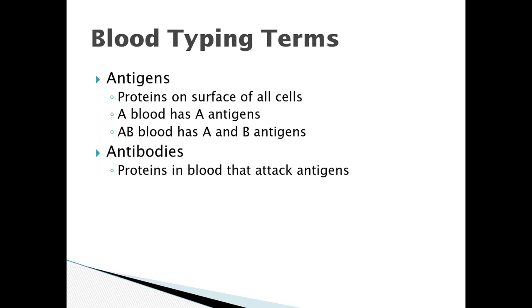Most of the time, in order to get an antibody, you must have already been in the presence of whatever that foreign particle is. When we talk about immunity, the only way you can become immune to something is if that something is already in your body and you create an immune response to it. And that immune response is those antibodies.